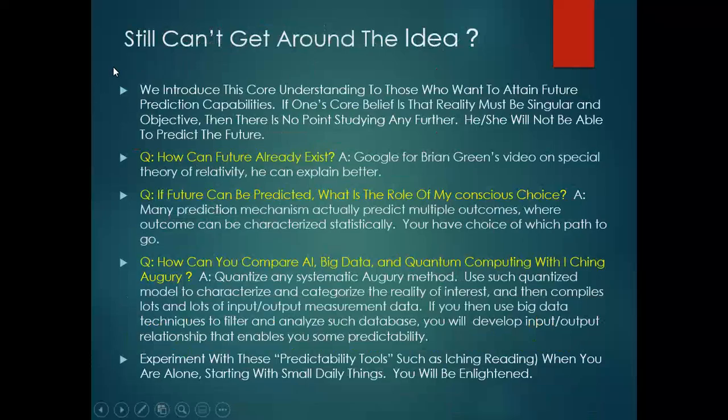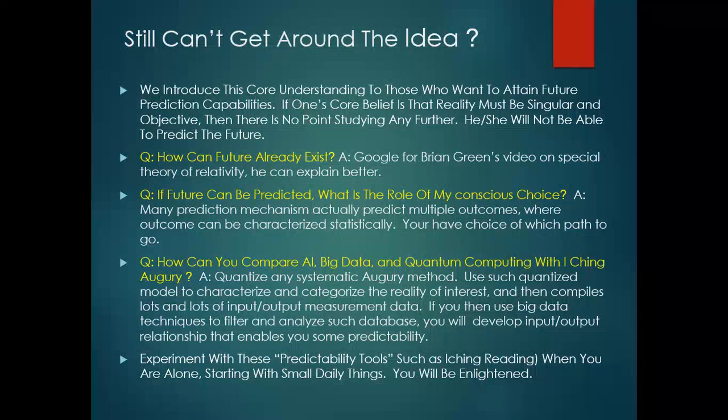So if your head still cannot wrap around this idea at this time, it's okay. It takes a while for these concepts to sink in. But we want to say that we introduce this core understanding to those who want to attain future prediction capabilities.